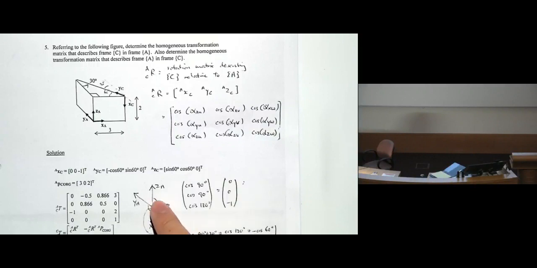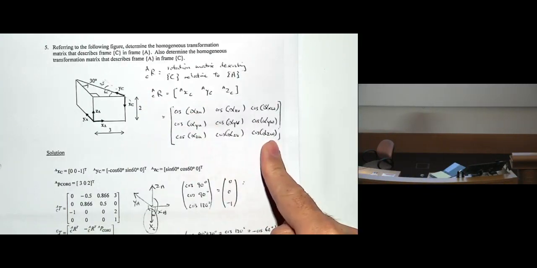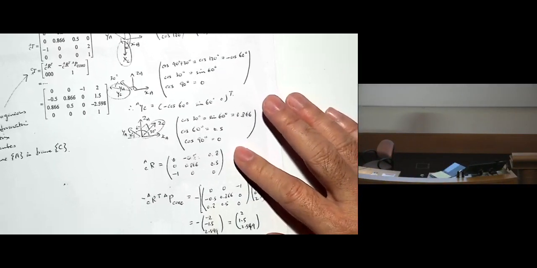If I determine the angle based on the cosine itself, I will say that this is cosine 90 degrees, cosine 90 degrees, cosine 180 degrees. This is why I have 0, 0, minus 1. I do the same for the other set of vectors. Once I have them, I can form this rotation matrix. So this is ARC, and you have your 0, 0, minus 1, and the rest.